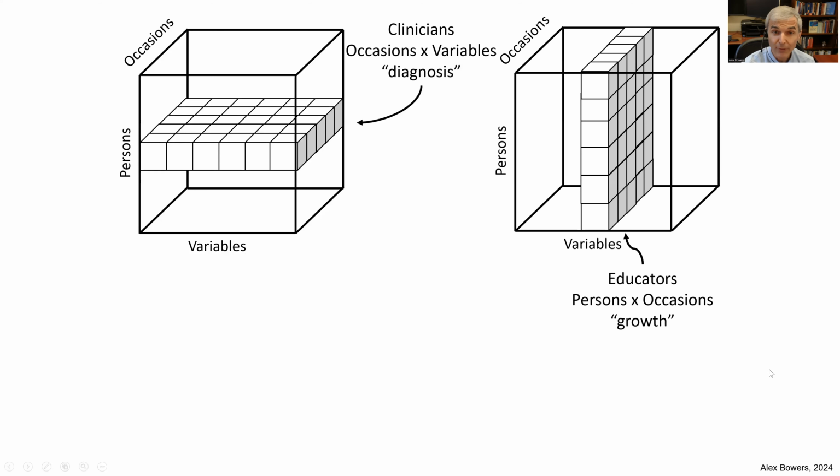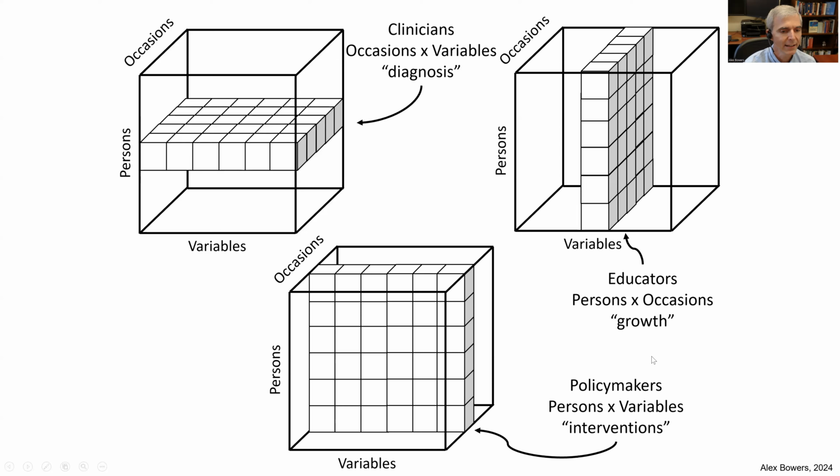And then if we take a different slice, what if we just pick one variable? Well, we've got lots of people over multiple occasions. That's what educators like to see in growth, like in mathematics or in English or reading. And then the third slice that we can take might be where we have one time point.